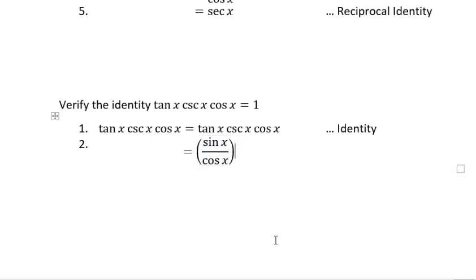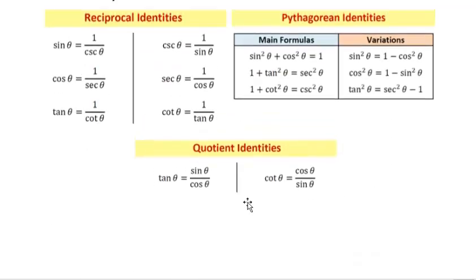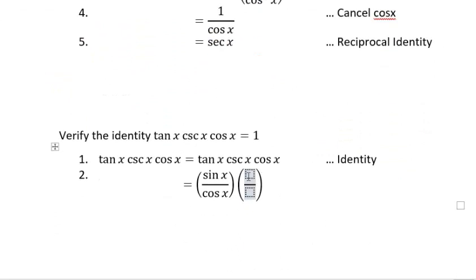Okay. What is cosecant? Okay. Cosecant of x. Okay, cosecant. I have one reciprocal identity that tells me that cosecant is 1 divided by sine. So cosecant, I'm going to have 1 divided by sine of x. Okay, and then I have cosine there, so I'm going to leave cosine that way. Cosine of x.